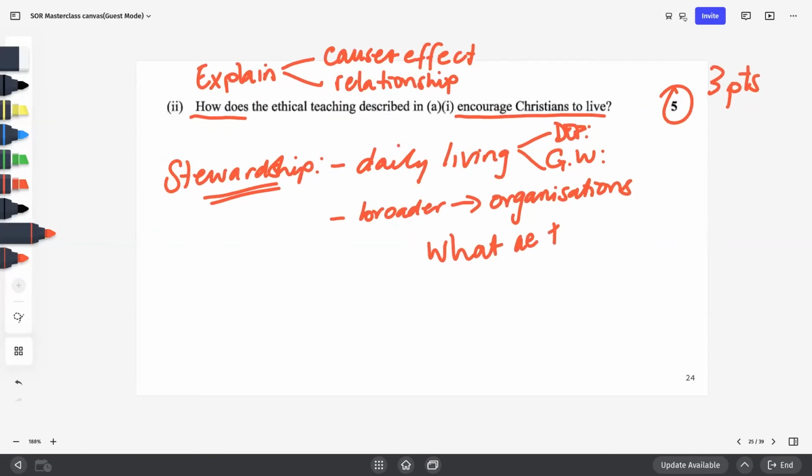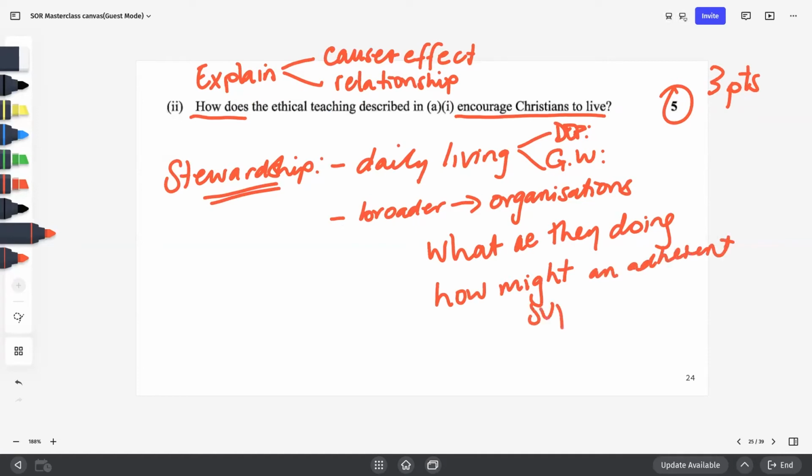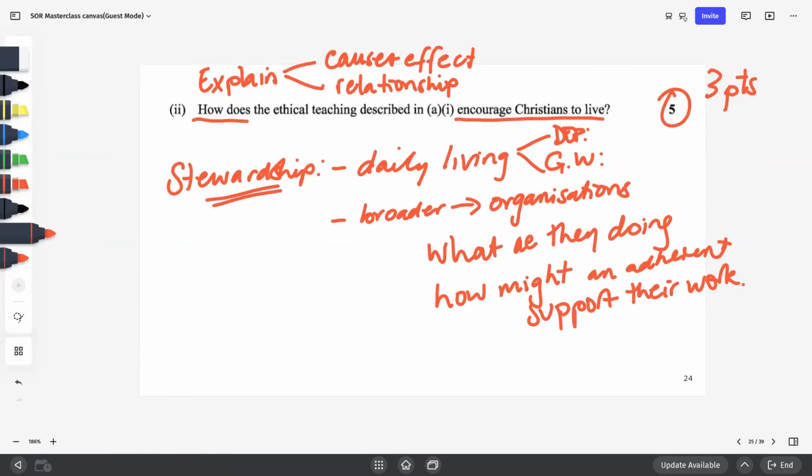And how might an adherent support their work? So at the end of the day, you've got 1 point here, 1 point here, and 1 point here. That's 3 parts for your 5-mark response.